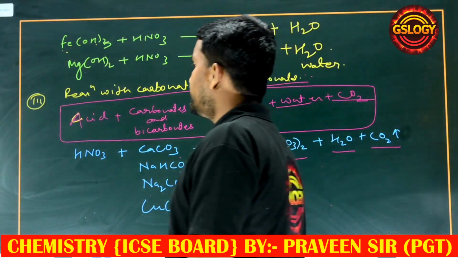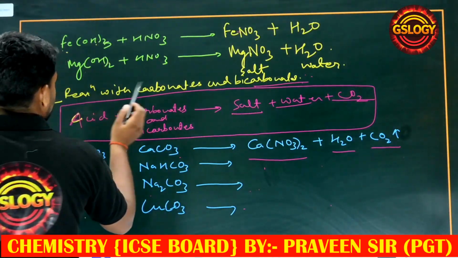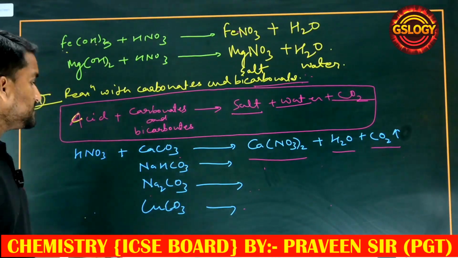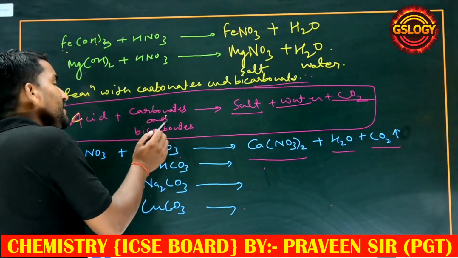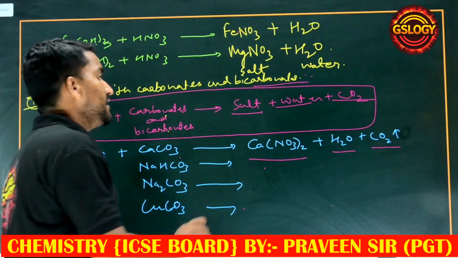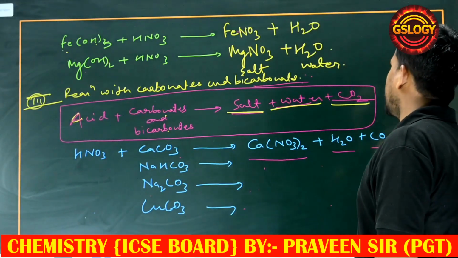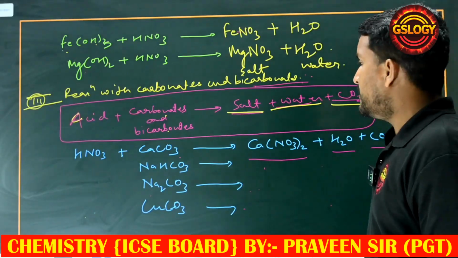Reaction number three, reaction with carbonates and bicarbonates. When an acid reacts with a carbonate or bicarbonate, it will form salt and water, and release carbon dioxide.